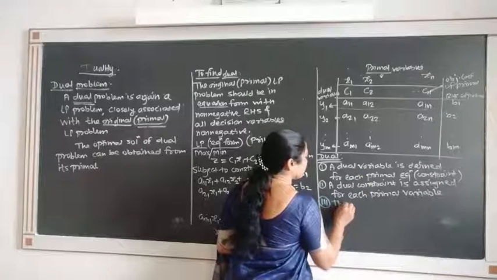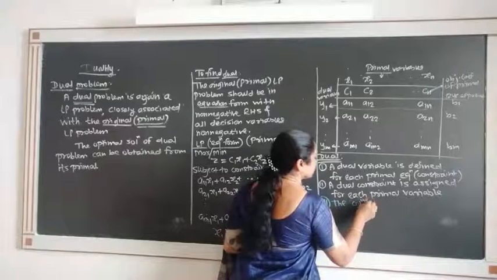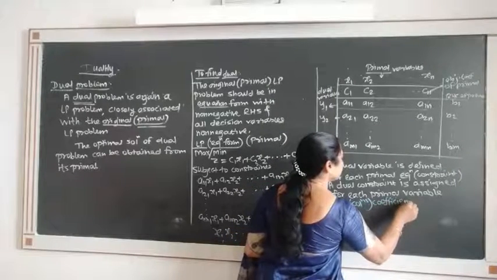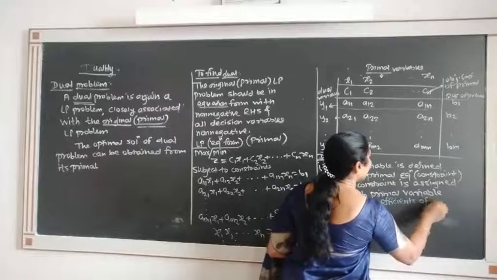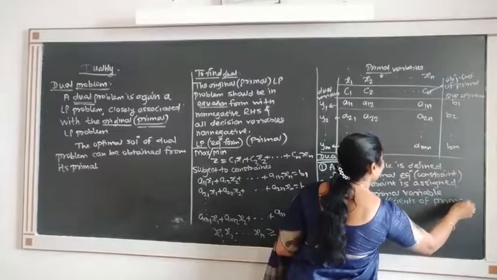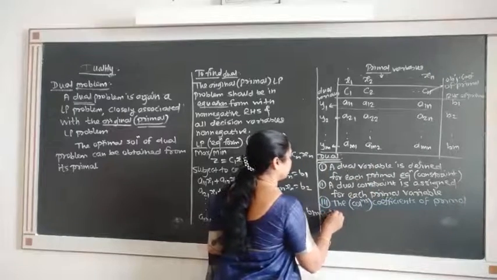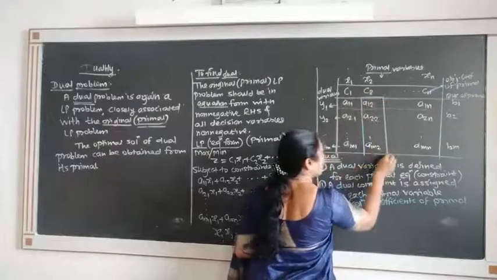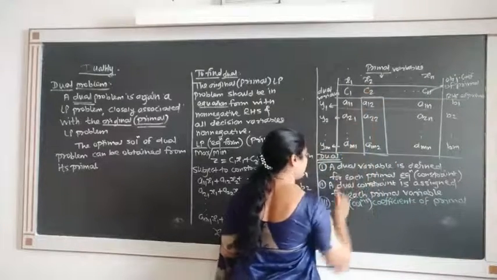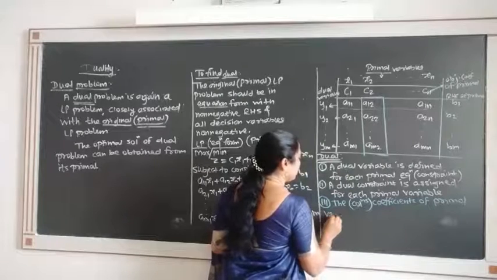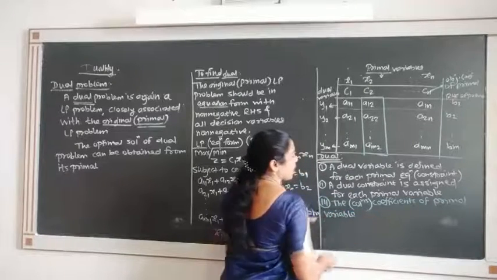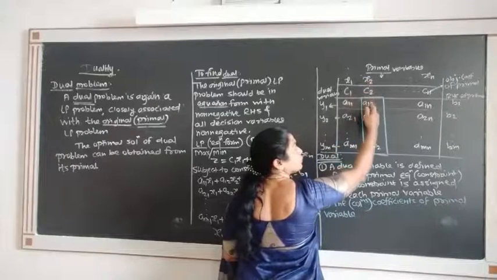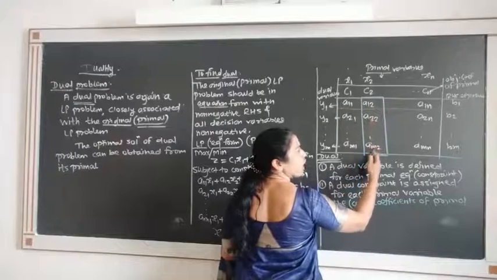Consider the coefficients of the primal equations. Suppose I consider the primal variable x2. The coefficients of x2 are a12, a22, am2, etc.